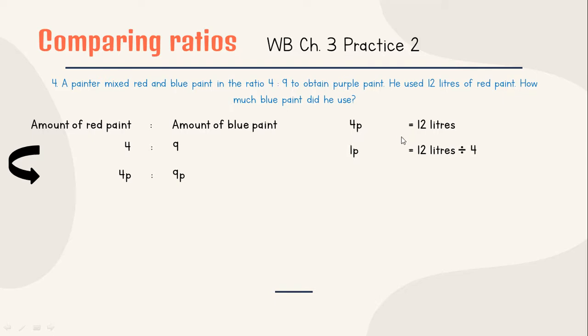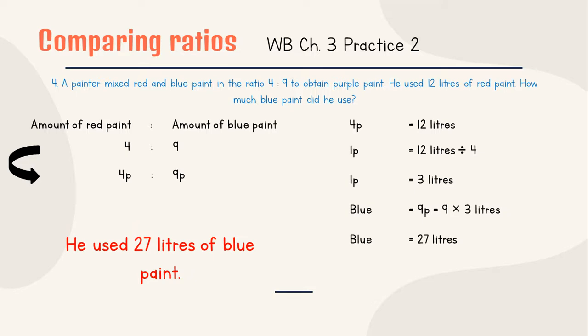So 1p equals 12 divided by 4 equals 3 liters. Now, can we find out how much blue paint? Of course. Blue paint, how many? What is the ratio? 9. So 1 unit equals 3. How about 9? 9 times 3 equals 27. So that painter used 27 liters of blue paint.